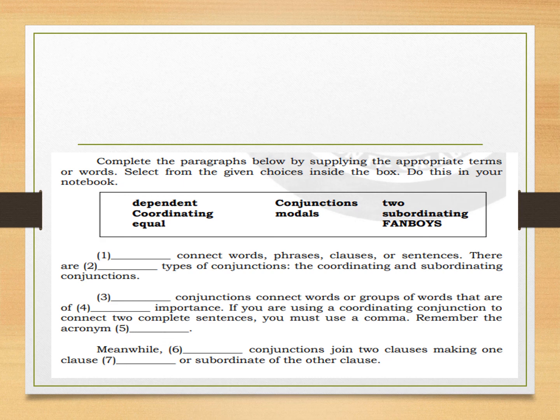Select from the given choices inside the box. Do this in your notebook. So the words inside the box are dependent, coordinating, equal, conjunctions, modals, to, subordinating, and fanboys.